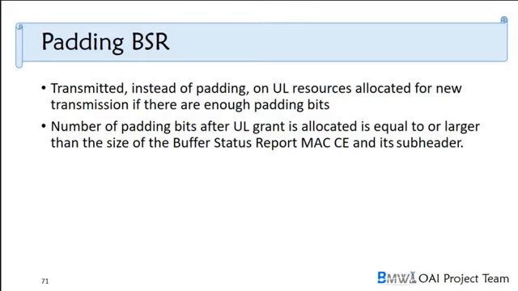So you will transmit BSR instead of padding on the uplink resource allocated for new transmission if there are enough padding bits. And I will show in the following when we need to transmit a long BSR or a short BSR.